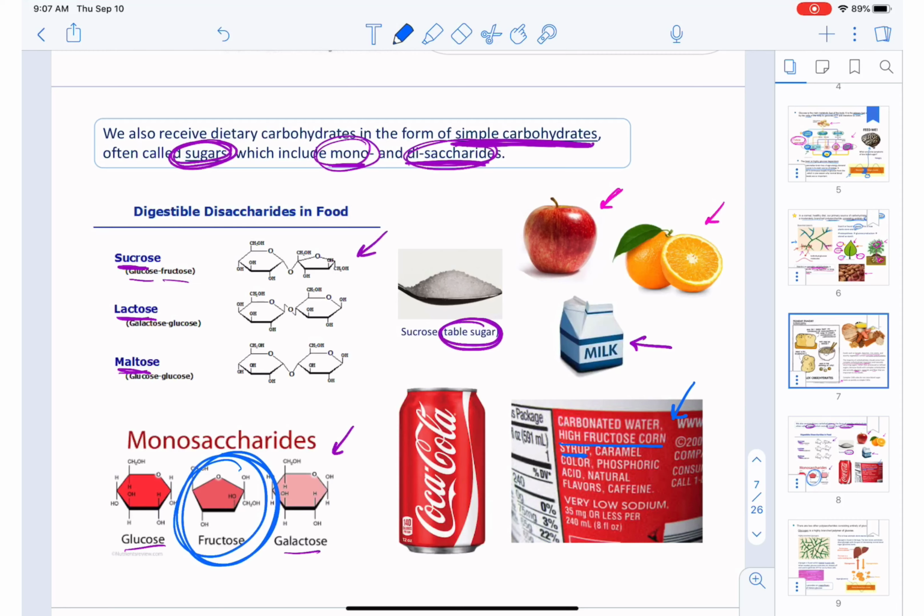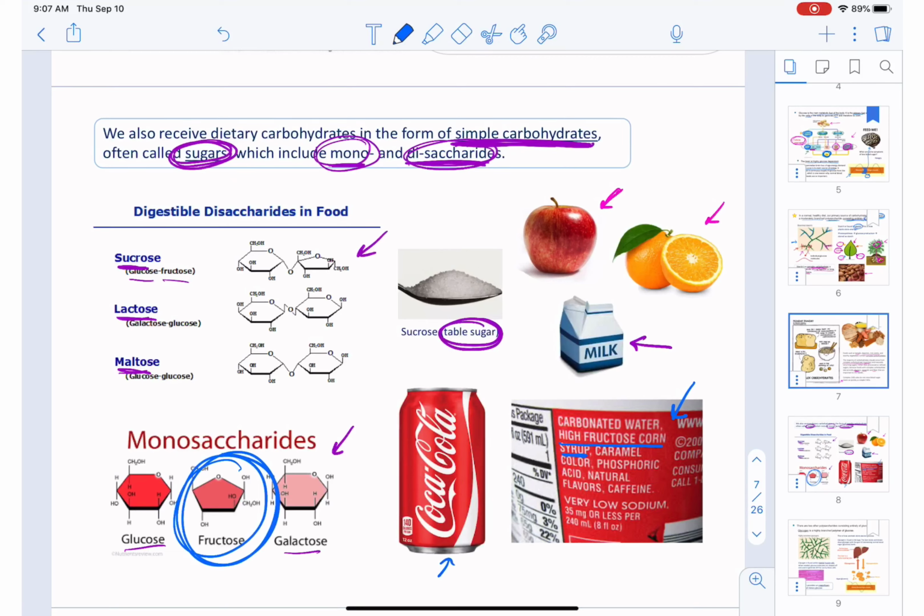One of those is that, sure, you're getting your carbohydrates, but you're not getting any other nutritional benefit. You're not getting any proteins. You're not getting any fiber or vitamins and minerals from this Coca-Cola. And so we call those empty calories, because you're getting carbohydrates and it's filling you up, but you're not getting any other nutritional value from it.